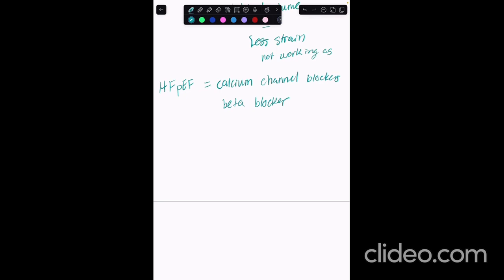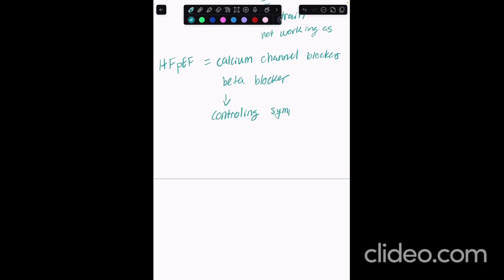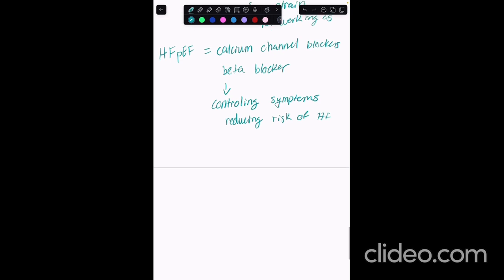The benefit of these is that they help control the symptoms of HFpEF and reduce the risk of heart failure. For someone experiencing signs, it can help improve their outlook, knowing there's a chance to help prevent heart failure or going into it.